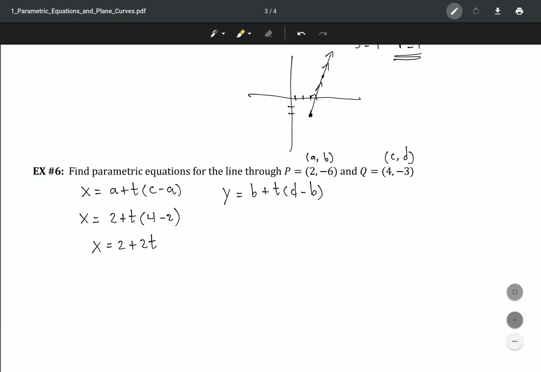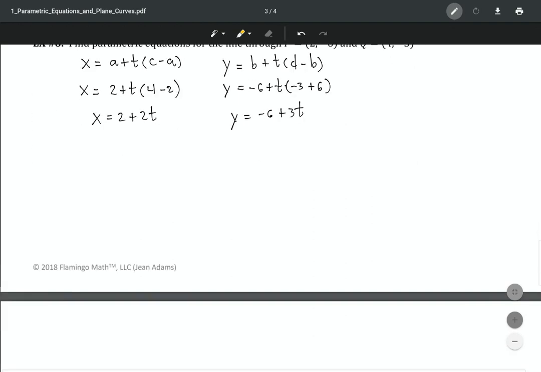And that's it for that side. Now over here, B would be -6 plus T times (D minus B), which would be -3 minus a -6, which is going to make that a +6. So Y is equal to -6 plus 3T. And that's it for that.